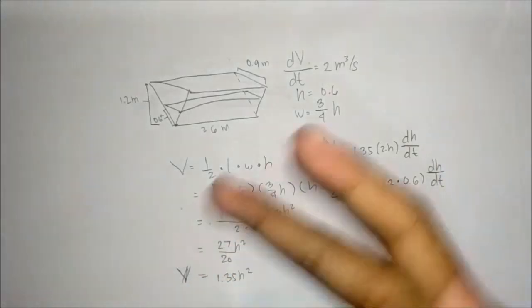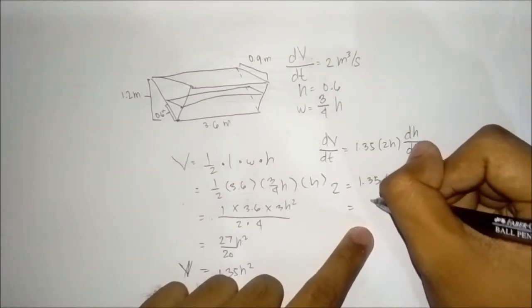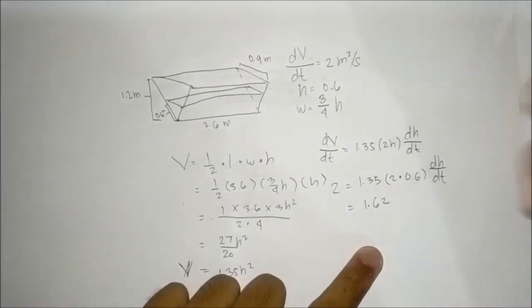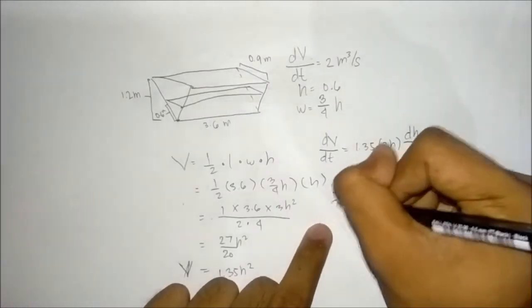And then we simplify, we clean up. That will become 1.62. We multiplied everything here. So 1.62 dh/dt equals 2.